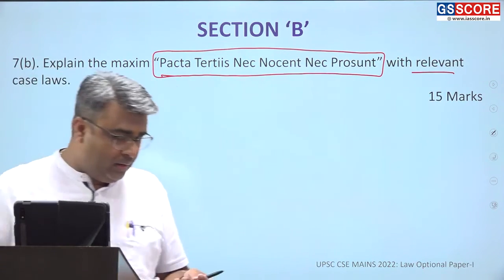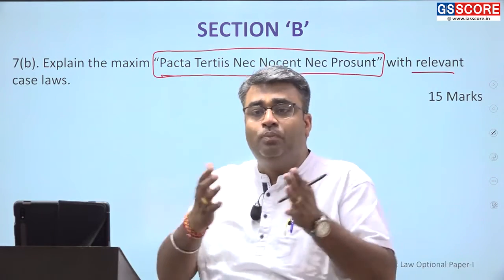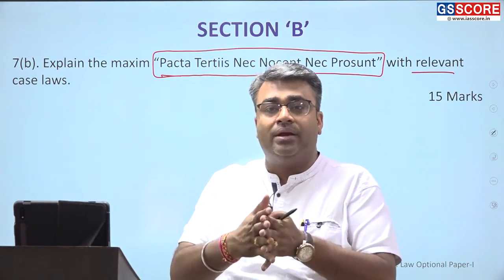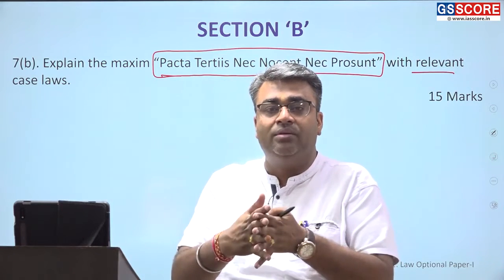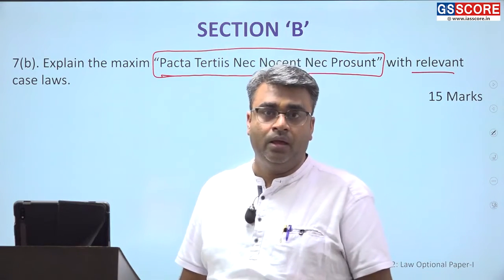Like for example, in the law of contract, we know very well that when two parties enter into an agreement, into a contract, only those parties are bound by the contract.